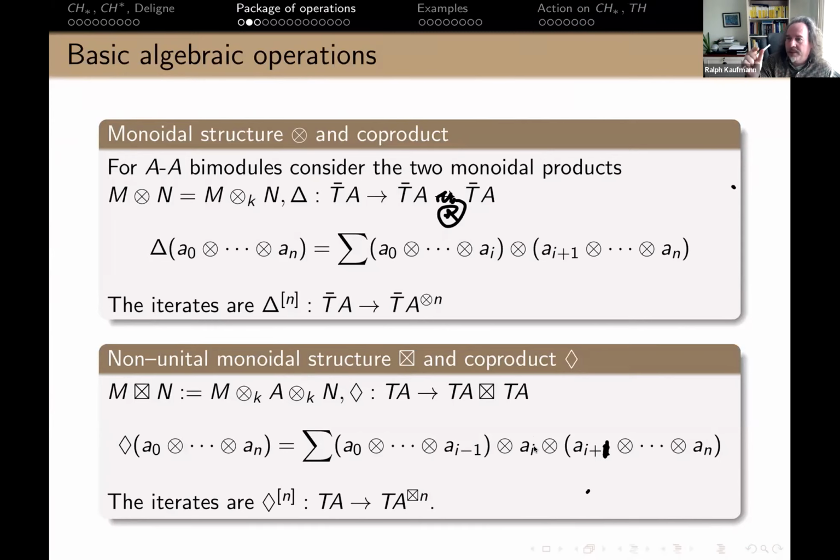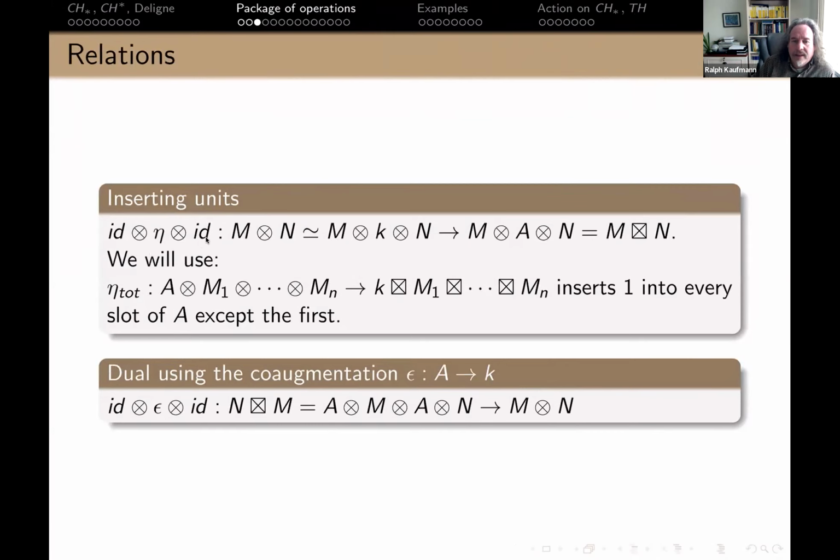Then how do I get from one to the other? I have units and co-units. By using the standard unit constraint, I can put a K into here and then go with my unit from K to A. So that gets me from M tensor N to M box times N. And then I will use this notation total eta, where I'll always have this factor of A, which I'll call the modular variable.